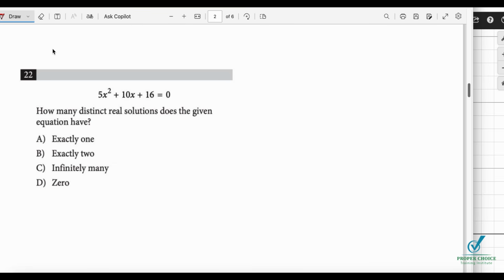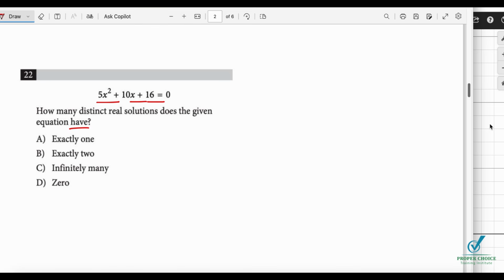The next question says, how many distinct real solutions does the given equation have? It's a simple standard quadratic equation. What you're supposed to do is plot it on Desmos and check it out. If the values of x we are getting are 2, meaning the graph intersects the x-axis at two points, then we say it has two distinct real solutions.